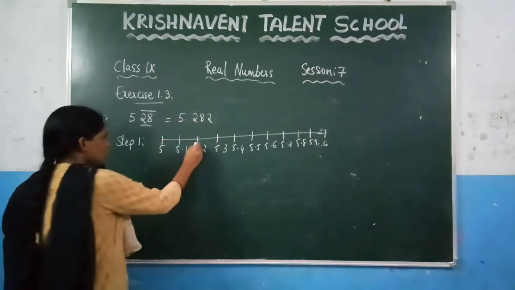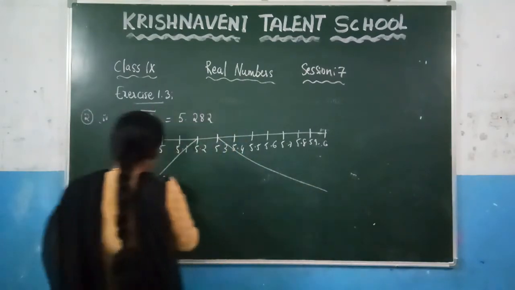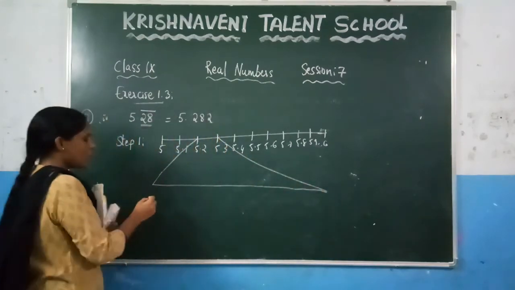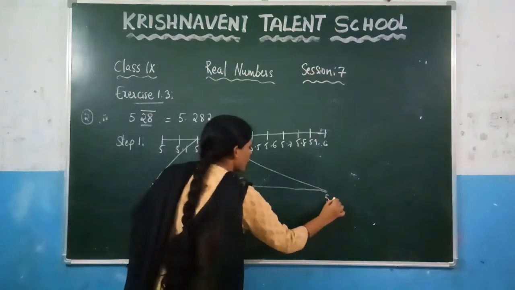So again, draw the number line and represent here 5.2, here 5.3.